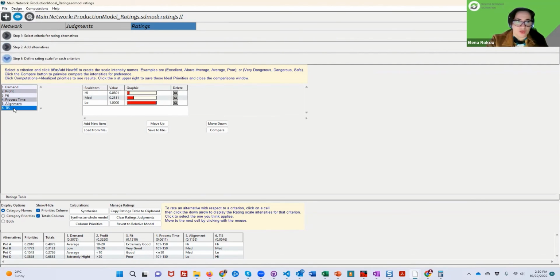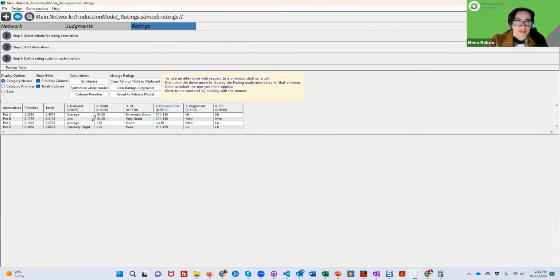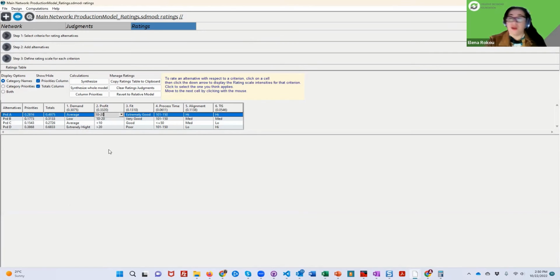Alignment with the goals of the company and timing system. And then I went and entered my evaluations for each of them without pairwise comparing this time. So it was faster. I think that you noticed when you were doing this exercise, but at the same time, it was a little bit scary because you need to really know what's happening for each of the perspectives in order to be able to evaluate them.